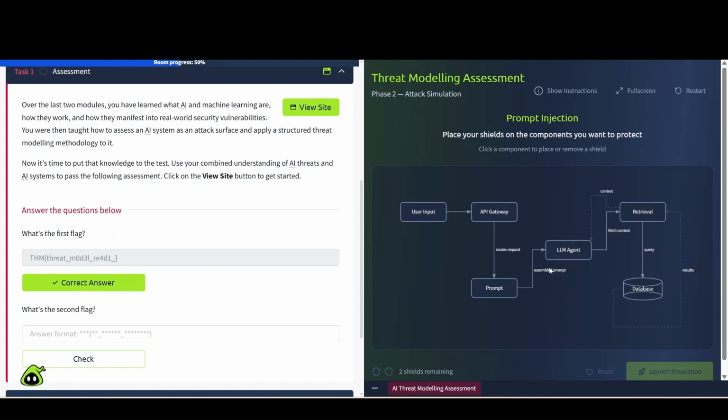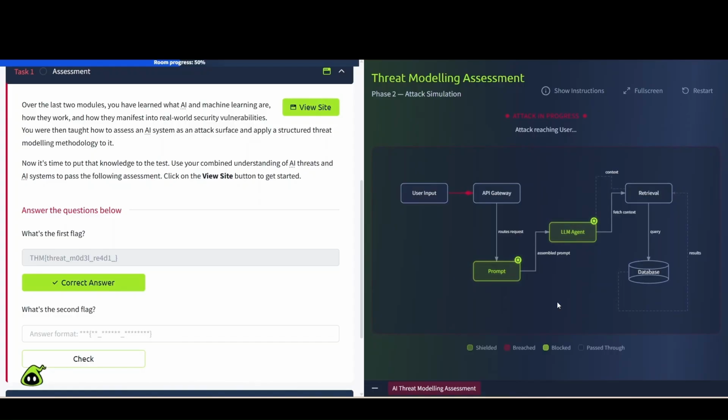Okay, so this is for prompt injection. And of course, prompt is going to be one of them if it's prompt injection, right? And probably going to be LLM agent, right? As we learned earlier in phase 1, because they're sending those questions, queries, whatever, to that agent. So let's go ahead and launch it and see what it does here. See if we're correct. All right, so it's going.